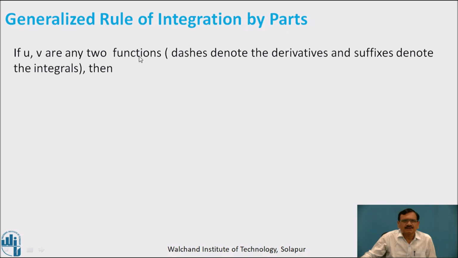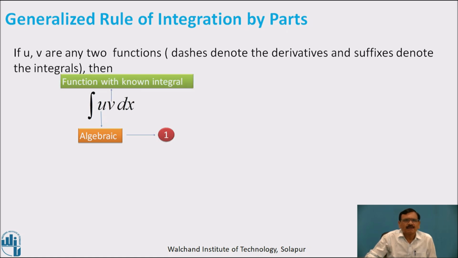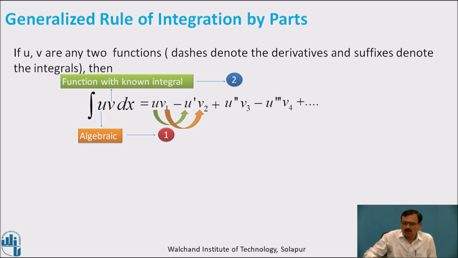If u and v are two functions, here in the formula dashes denote the derivatives and suffixes denote the integrals, then integration of u v dx, where u is algebraic, that we take as function 1, and v is the function with known integral, that we take as function 2, is equal to u into v1 minus u dash, the derivative of u, into v2, the integration of v1, plus u double dash, the second derivative of u, into v3, minus u triple dash into v4, and so on.